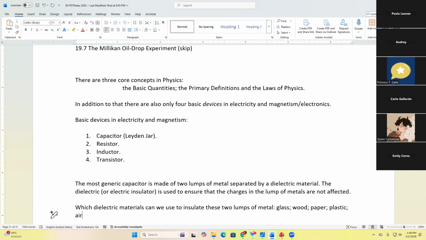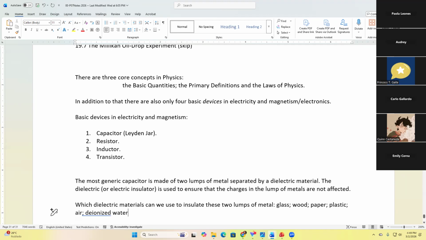The air is a dielectric material, etc. Deionized water is another good dielectric material that can be used to insulate the two charged lumps of metal. Okay?